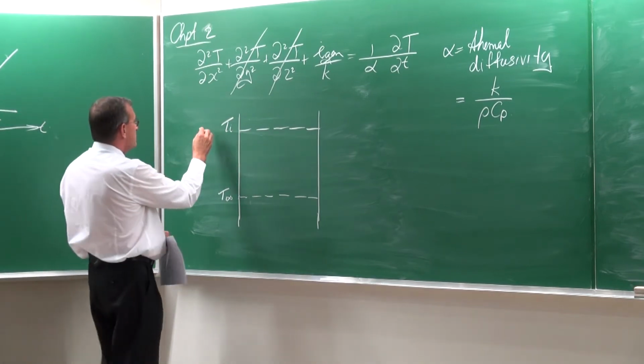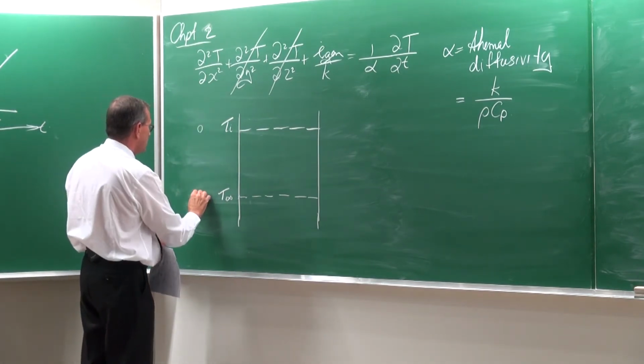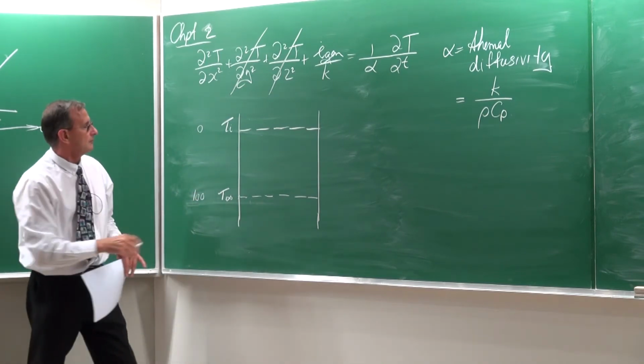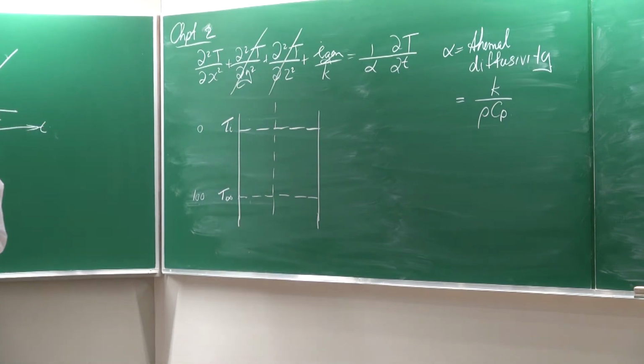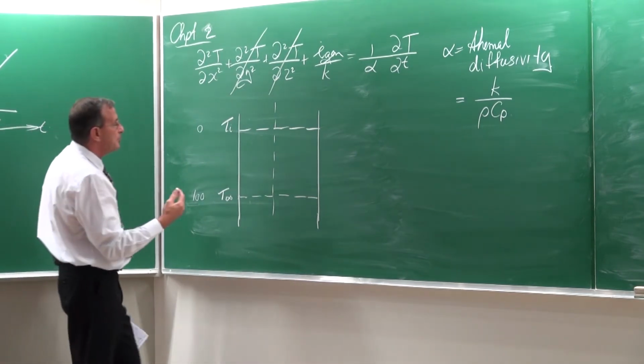Let's suppose this temperature is 0 and that temperature is 100. What would we expect with the temperatures? What will happen at the temperatures?